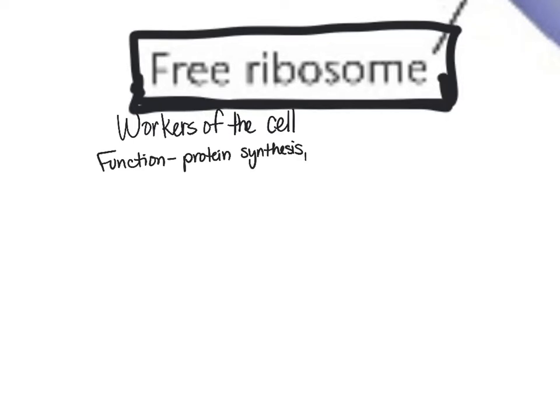It's not an exact copy because we have uracil in RNA instead of thymine. So we have single-stranded RNA made in the nucleus. That leaves the nucleus and goes out into the cytoplasm where it meets up with a ribosome, whether it's a free ribosome or one attached to the rough endoplasmic reticulum. Then it contributes to making proteins. It has the information for how to make that specific protein, and it uses that information to work with the ribosome, utilizing amino acids as well.